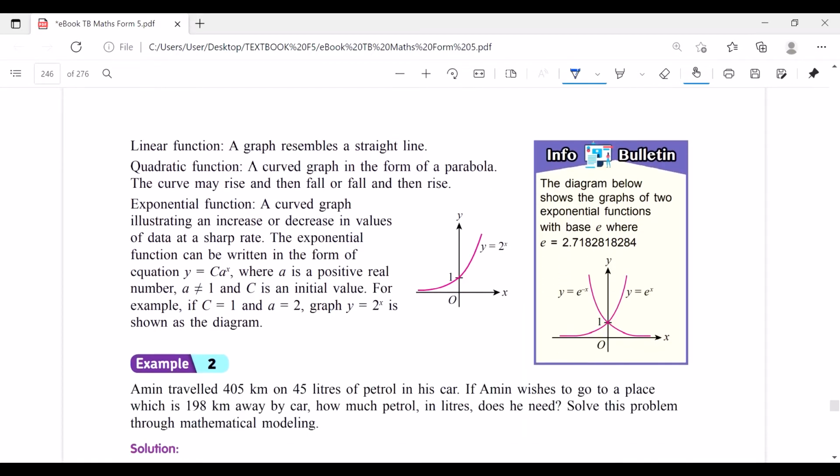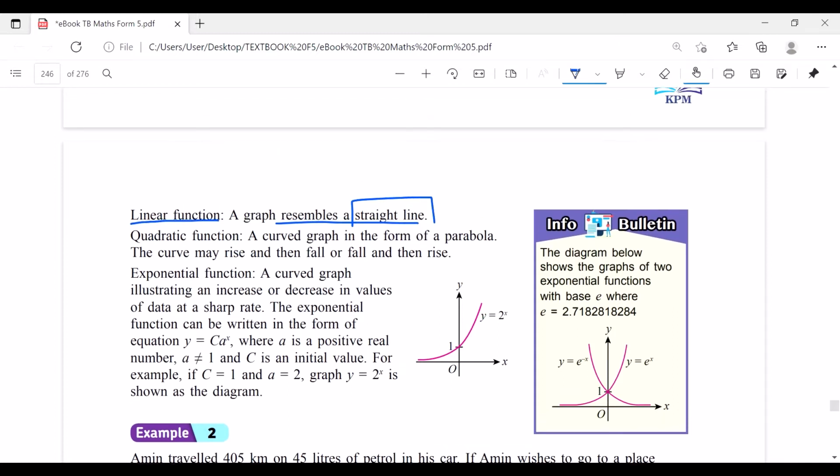For linear function, the graph will be, of course, a straight line. You still remember straight line. If it is like this, y equal mx plus c. This is your c, your m is your gradient. Your graph can be like this, and it's a straight line.